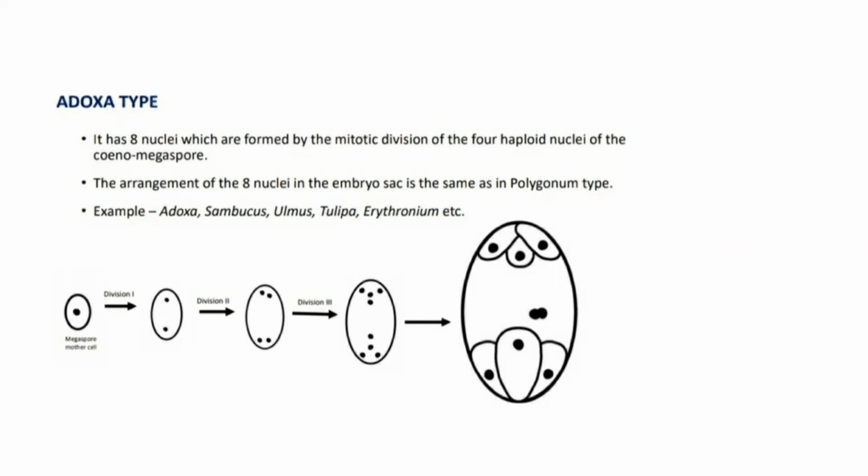Adoxa means 8 nuclei which are formed by the mitotic division of the 4 haploid nuclei. So it looks like a coenomegaspore. The arrangement of the 8 nuclei in the embryo sac is the same as in the Polygonum type. Examples of Adoxa: Sambucus, Ulmus, Tulipa, and Erythronium.